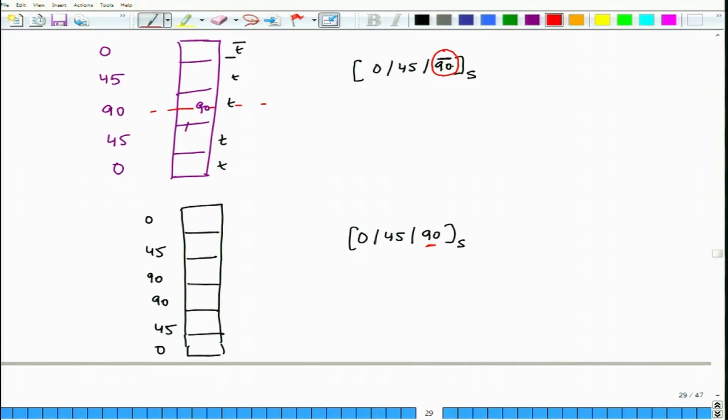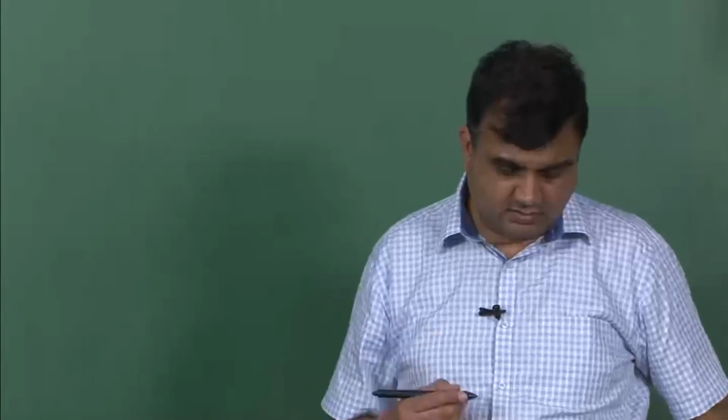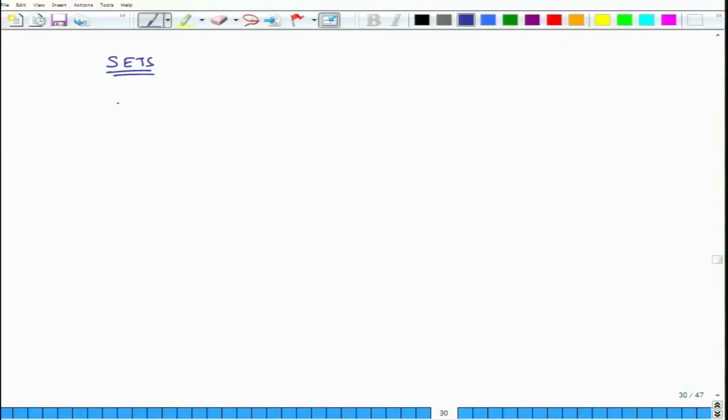Let us do another one. In this case we have sets. In several sequences, layers do not come individually, but they come in sets. So, we will see an example.